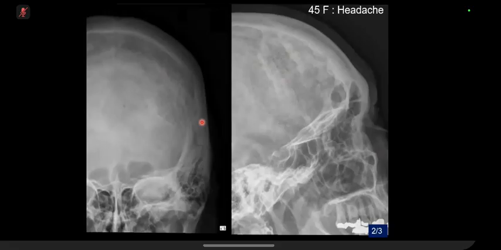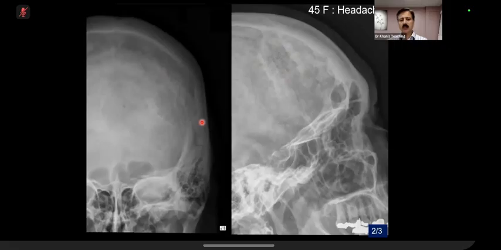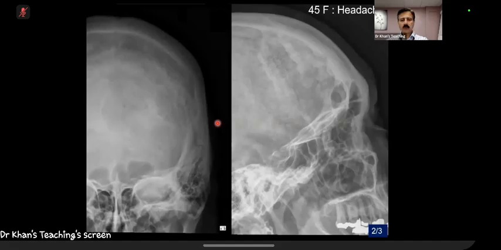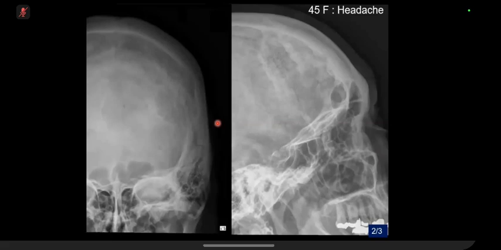What is the pattern of the internal lucencies? A honeycomb kind of pattern. So what is your differential then? Hemangioma is my top differential here. And what else? It's a slow ongoing process, sclerotic. So I can't think of any other explanation. Excellent.